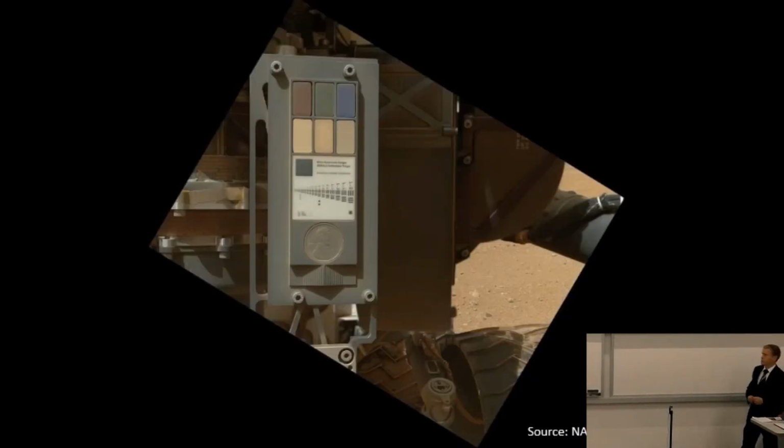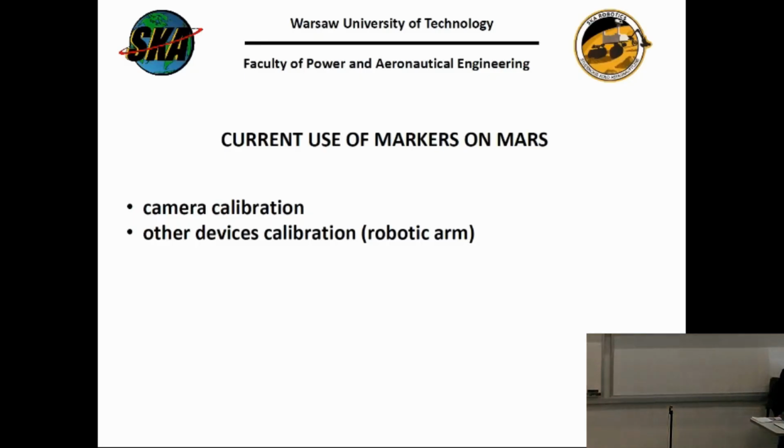And these are markers that we use for color calibration. So as we could see, the current use of markers on Mars rovers is for camera calibration or calibration of other devices, for example, the robotic arm.